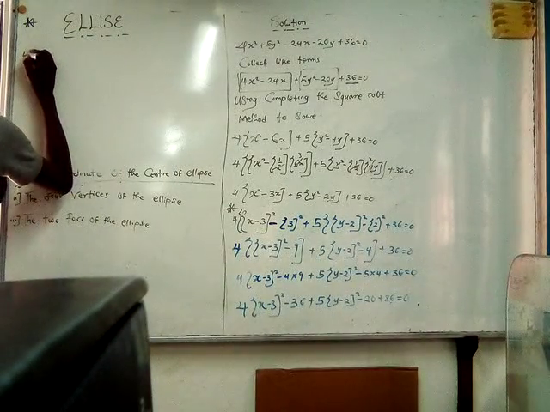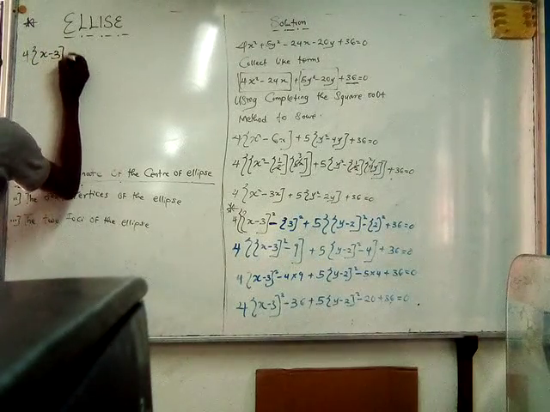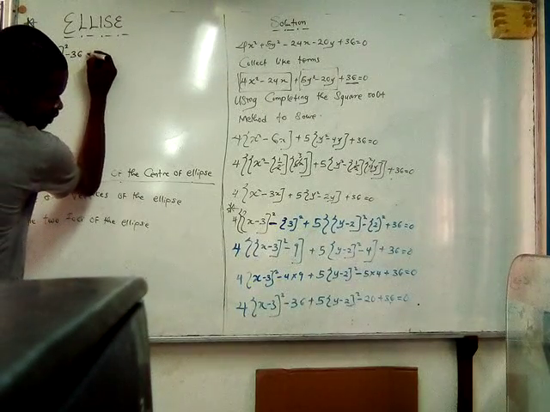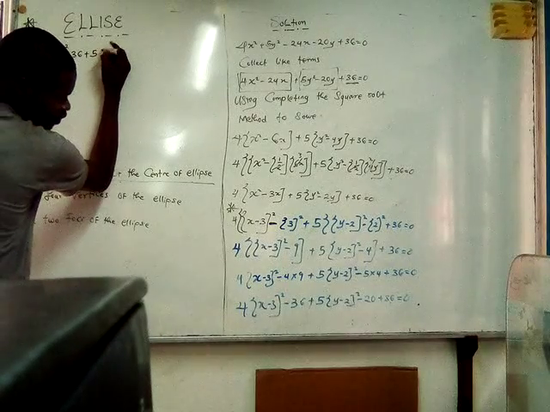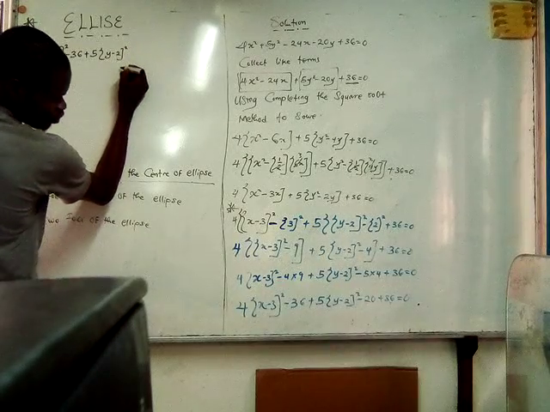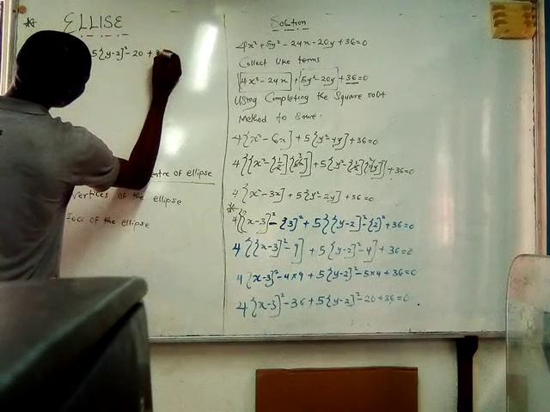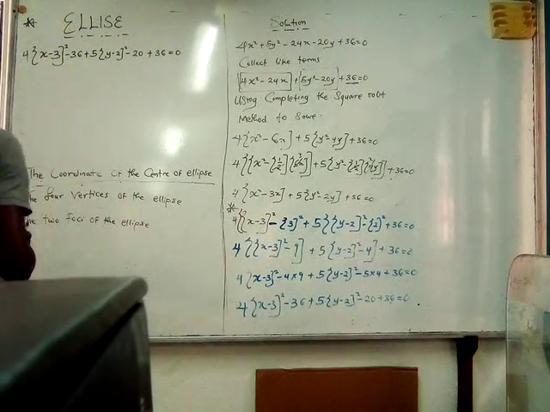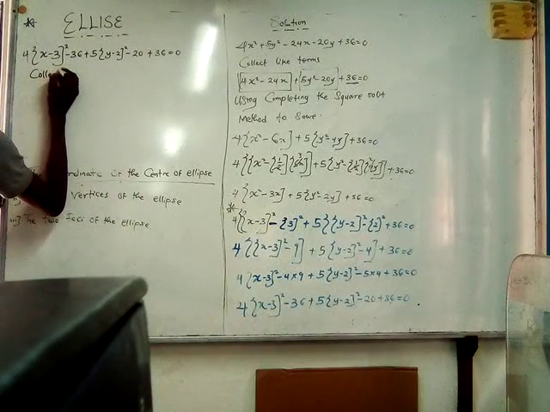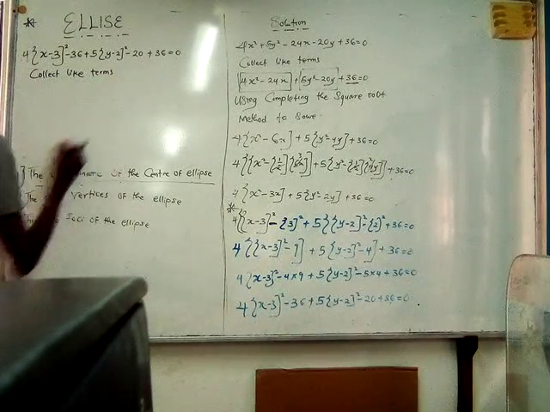We are having 4 open bracket x minus 3 raised to power 2 minus 36 plus 5 open bracket y minus 2 raised to power 2 minus 20 plus 36 equals to 0. Then we collect like terms.